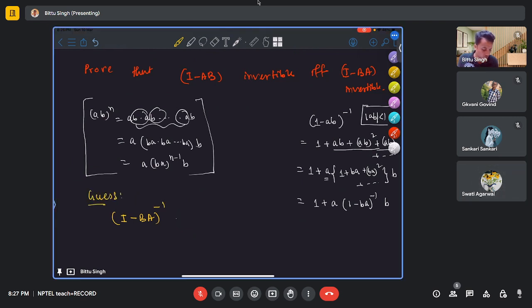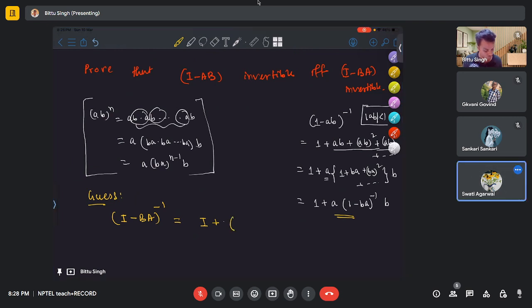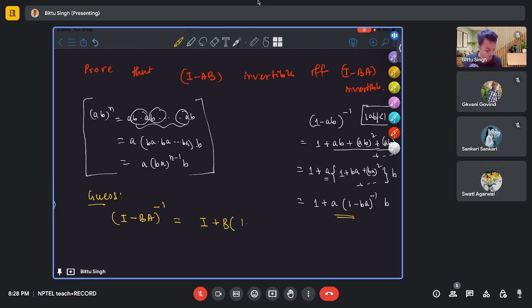This will look like identity plus, we are using this thing, identity plus, we have just replaced a and b. This is b times identity minus ab inverse times a.